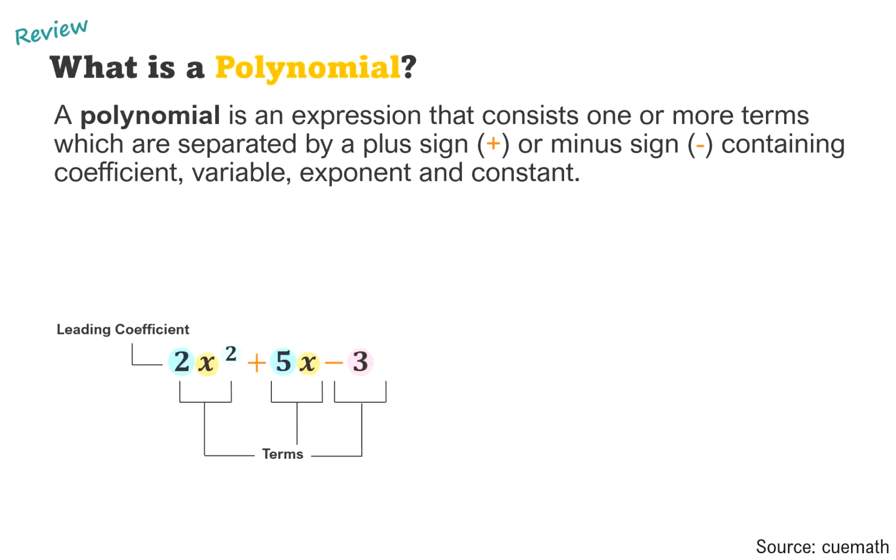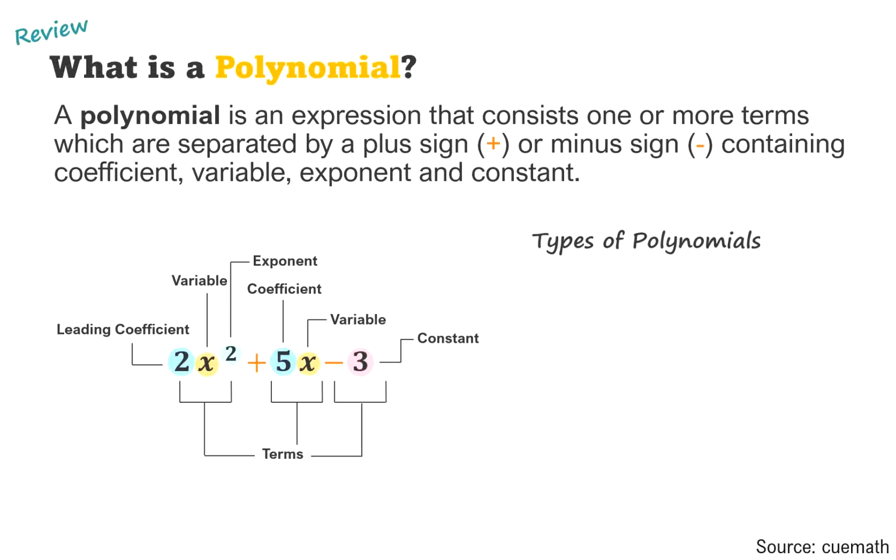So, ang tawag natin dito, leading coefficient, yung kasama ng may variable na may pinakamataas na exponent. So, eto, this is also what we call coefficient naman. And then, we have here yung variable x, exponent, and yung constant. So, ngayon, we have here three terms.